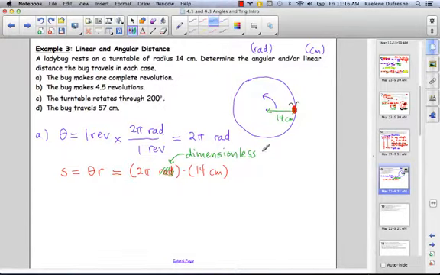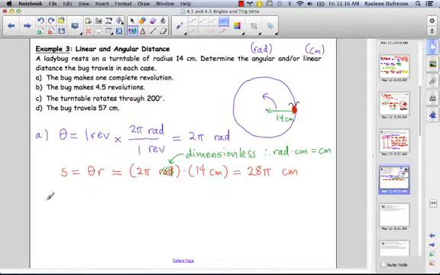So what that means is that radians multiplied by centimeters is equal to centimeters. So we have 2 pi times 14 is 28 pi, and the units are centimeters. So approximately 28 times 3.14 centimeters.